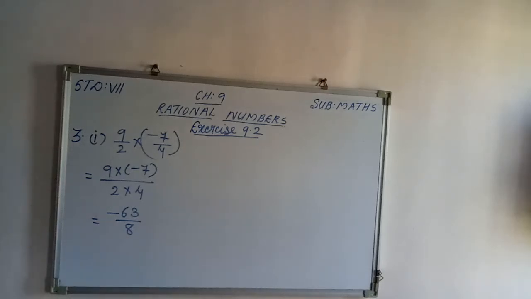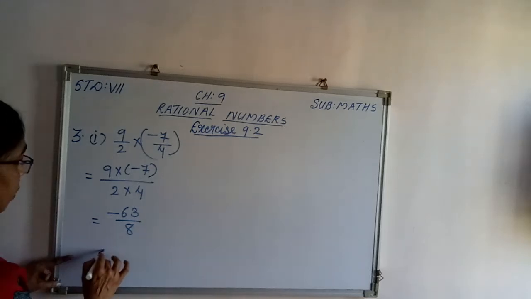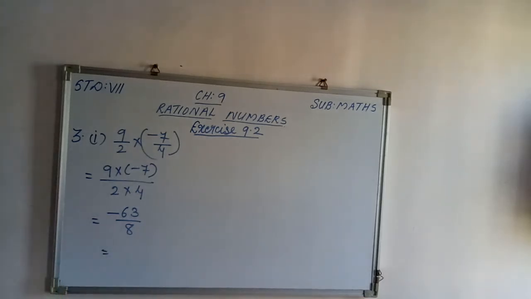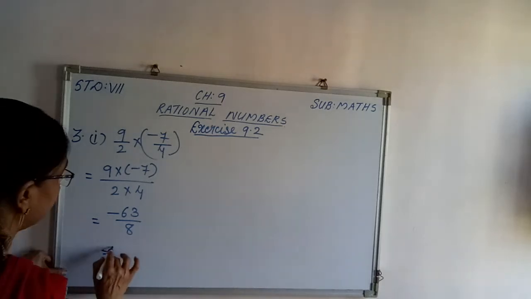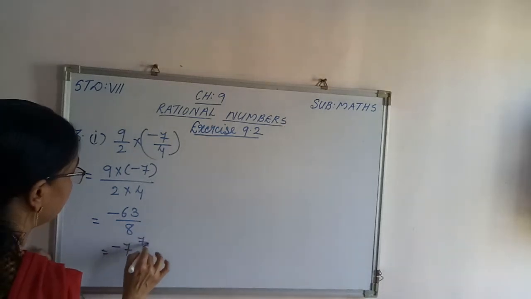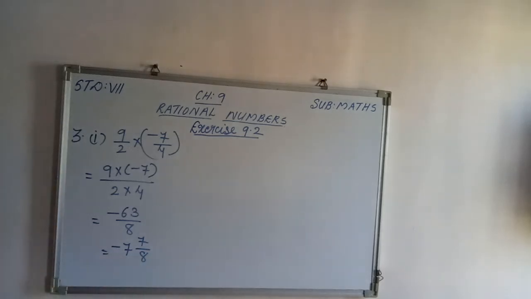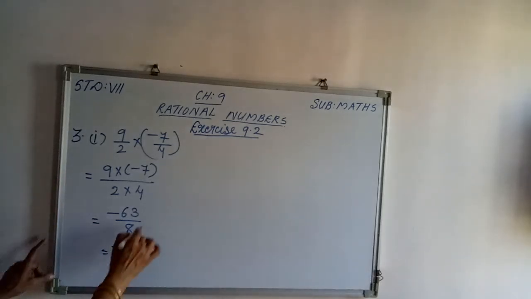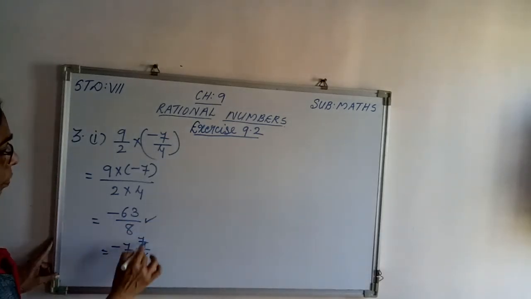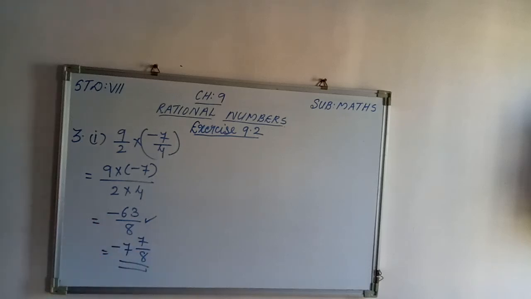Minus 63 upon 8 can be written as minus 7 upon 8. And if you write this also, it is right. Minus 63 upon 8, that is also right.